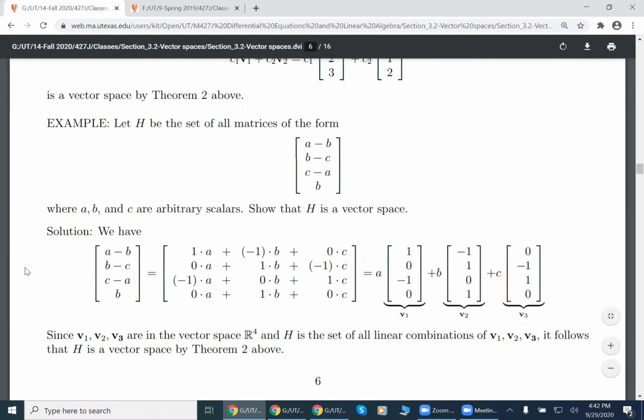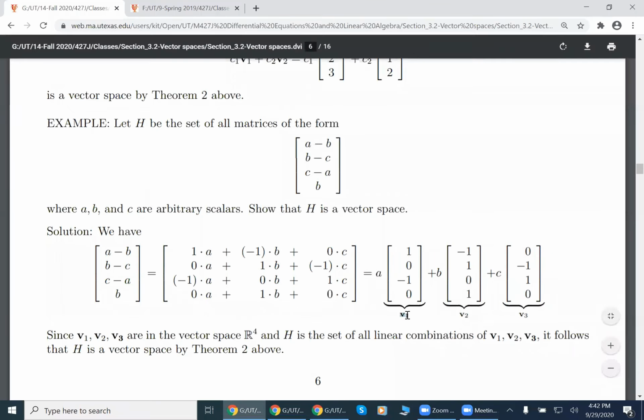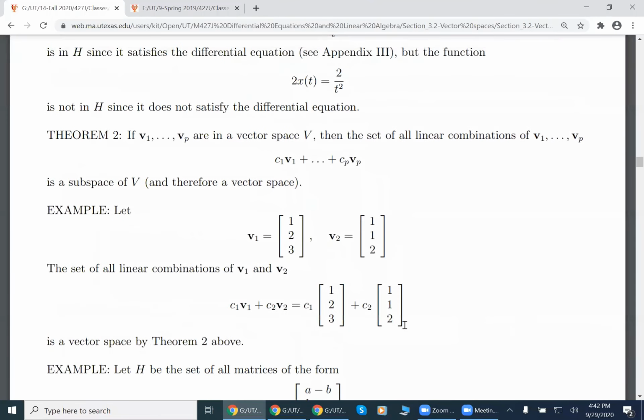Folks, any questions here? Why is V1 a vector space given it doesn't have a zero? Are you talking about this V1? No, the previous one. Yeah, the 1, 2, 3 one. I mean, it doesn't have a zero. Why is it a vector space? Well, good question. Note that I've never said that V1 is a vector space. I've never said that V2 is a vector space. V1 and V2 are vectors.